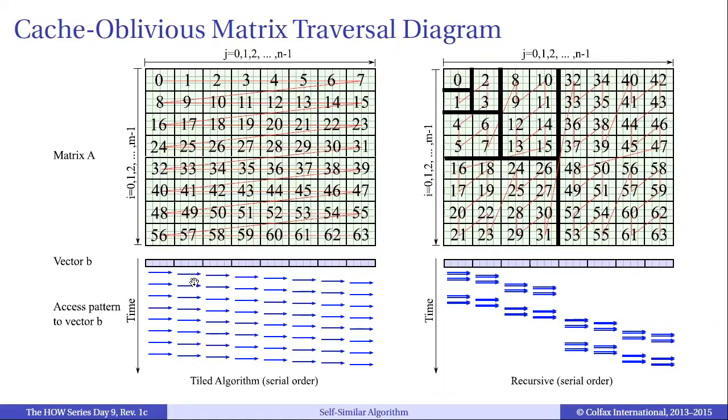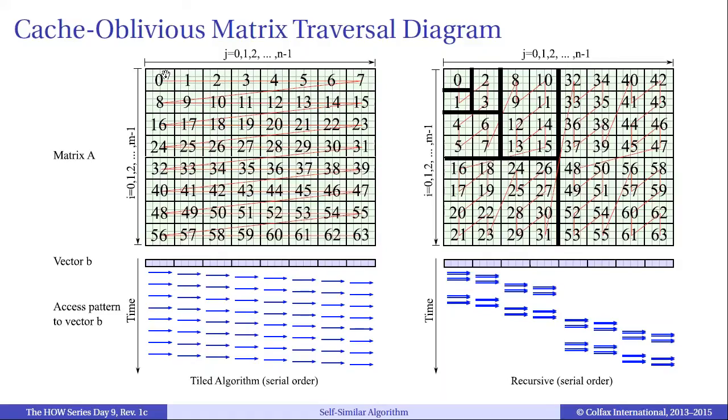And when I read vector B, I read this part of vector B corresponding to tile 0 many times, then I read the next part of vector B corresponding to this tile many times, and so on. So there is a trade-off. Either I will read matrix A sequentially, but then I reuse this part of vector B a few times, and then I come back and I have to read it from memory again, and so on.